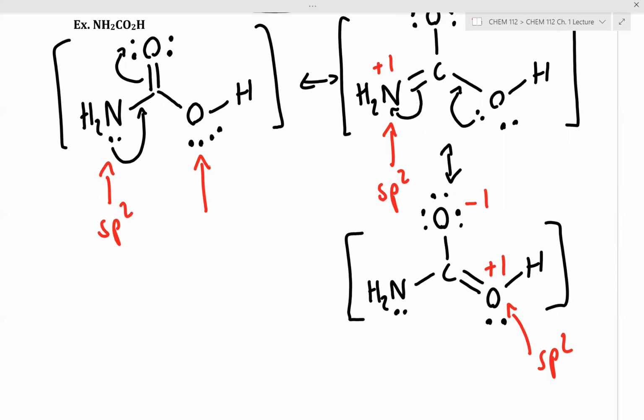Yes. So then, even though our predicted hybridization for this nitrogen and this oxygen would be sp3, in reality, the geometry and bond angles more closely match that of an sp2 hybridized atom.